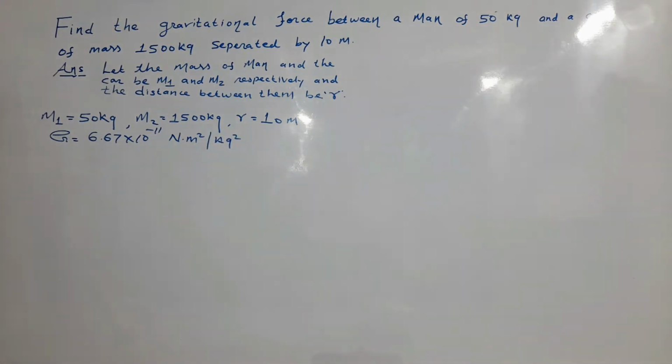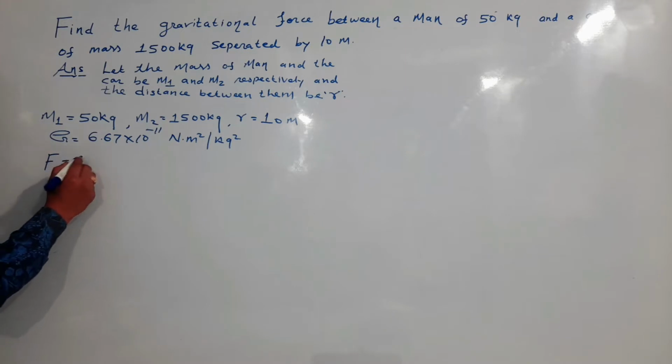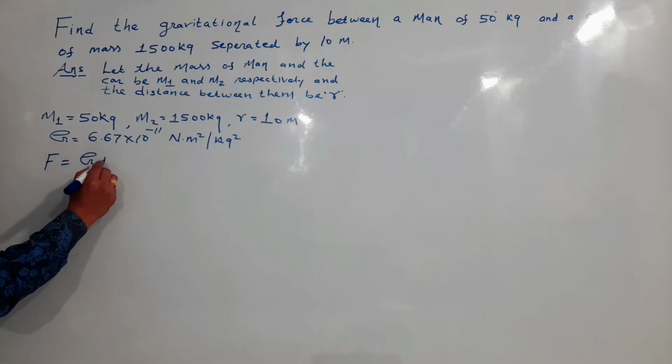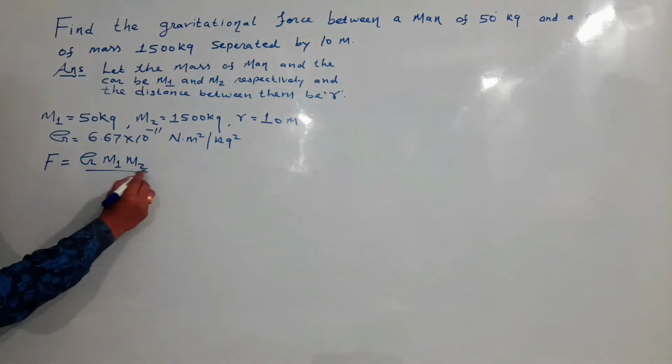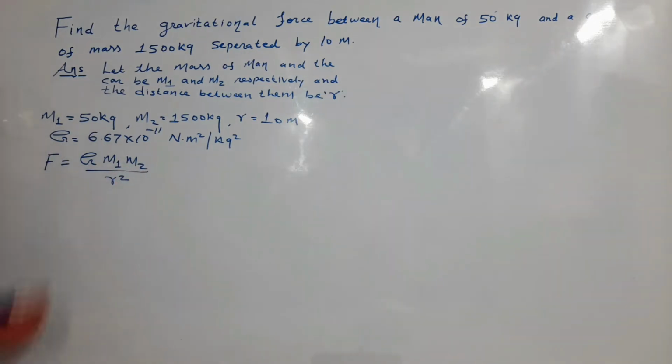So my dear student, we will now put the values and try to solve it. F is equal to G m1 into m2 upon r square. Let's put the values.